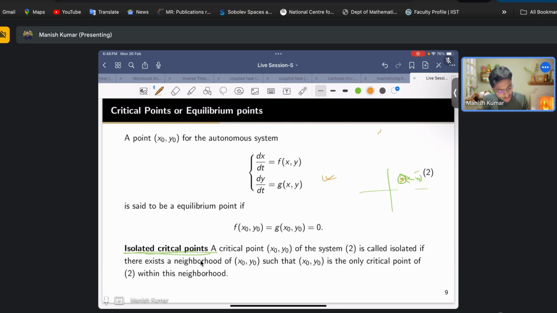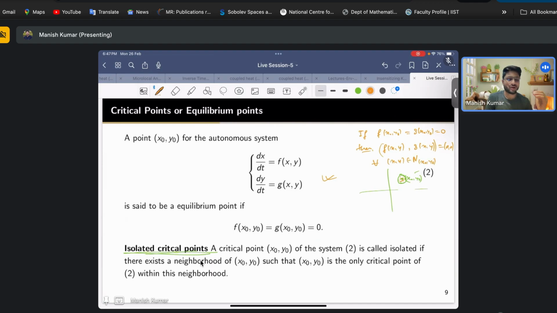That means if f of x naught comma y naught is equal to g of x naught comma y naught is 0, then f of x comma y and g of x comma y cannot be simultaneously 0 for all x y in some neighborhood N of x naught comma y naught.